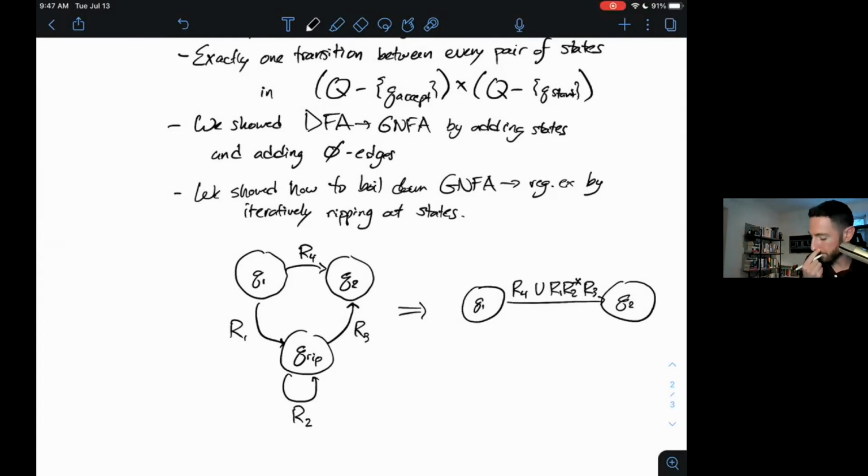So our ripping claim was that for every pair of states that looked like this in a little subgadget, we could replace the edge between them with this new regular expression and effectively remove Q rip from our GNFA. So that summarizes the big old proof we did the other day, this DFA to regular expression proof. We showed how to convert a DFA to this strange new automaton, the GNFA, and then ripped out the states of the GNFA one by one to get a regular expression.